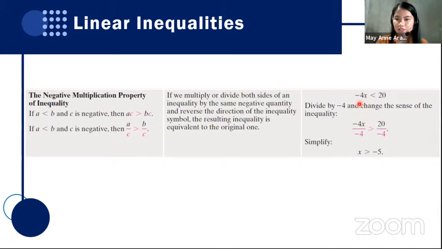But here, since we have negative 4x is less than 20, we will divide both sides by negative 4. Since that is a negative number, we change the sense of the inequality. So from less than, we make it the greater than sign. So that is the important part there. So negative 4x divided by negative 4 is x. And 20 divided by negative 4 is negative 5.